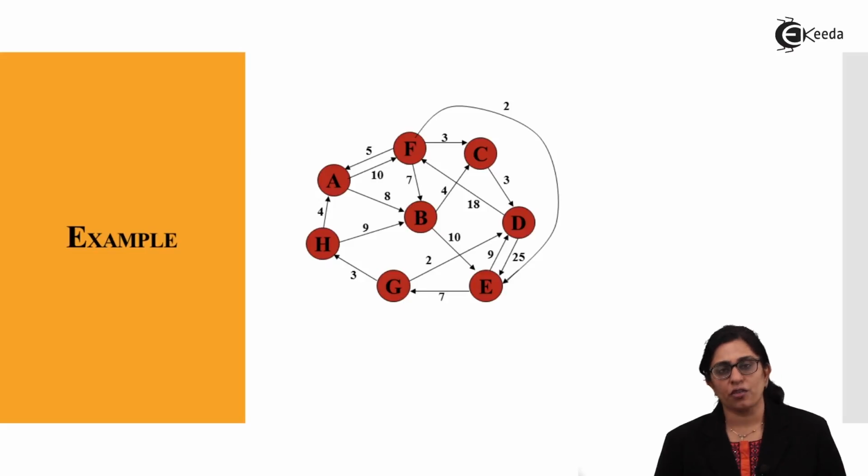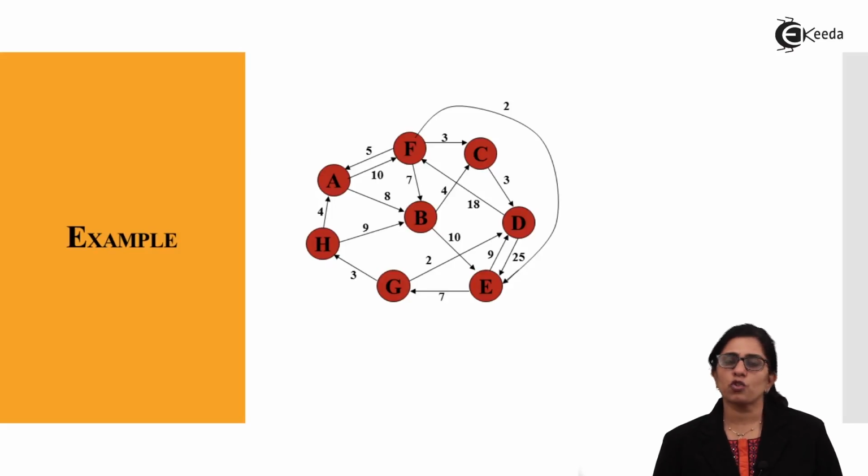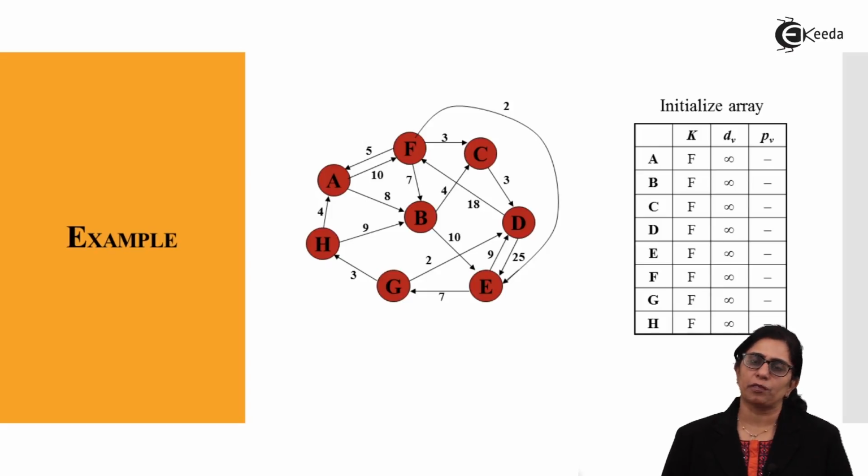All the alphabets which are written are known as nodes, and all the lines which are drawn between the two nodes are known as edges, and to each edge we have assigned a weight, so that we know which is the minimum shortest possible path to reach from one node to another node, that is from my source to my destination. And for this, to make it easy to understand and simplified to work on, we draw an initialized array in the form of a table.